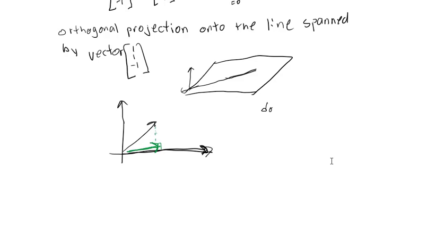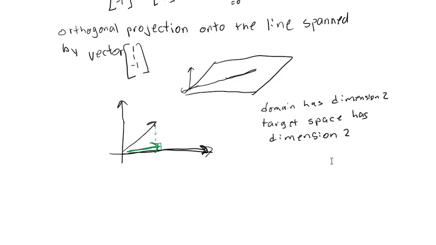So the domain has dimension 2, and the target space has dimension 2. So that means that when we make our transformation matrix, it's going to be a 2 by 2 matrix.